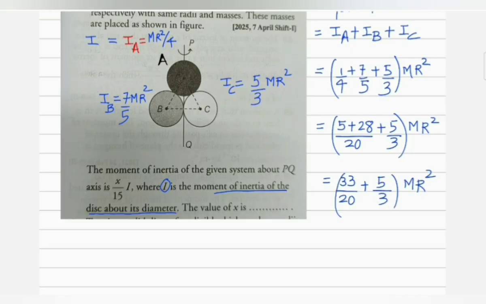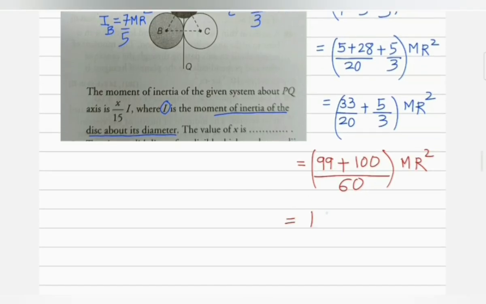Alright students, so this will be 33 into 3, that is 99, plus 20 into 5, that gives 100, the whole over 60. This should be multiplied by mr square as it is. So this will look like 199 divided by 60 multiplied by mr square.